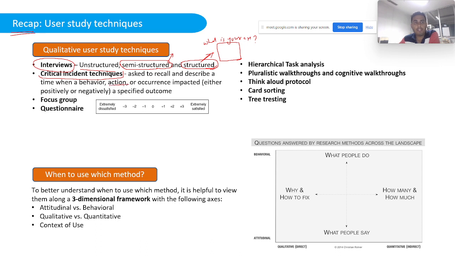For example, if you ask an interview question like, when you have used the Axis Bank credit card payment feature. So this is a question, okay.